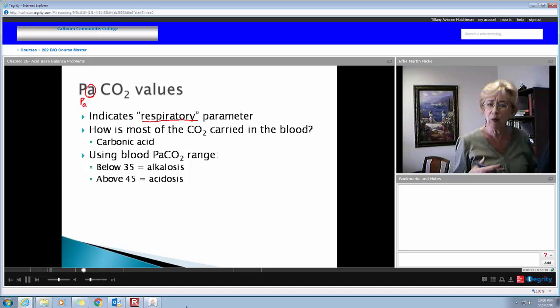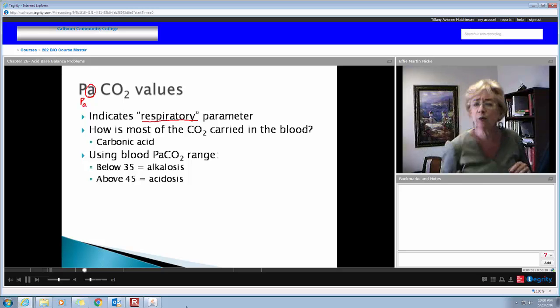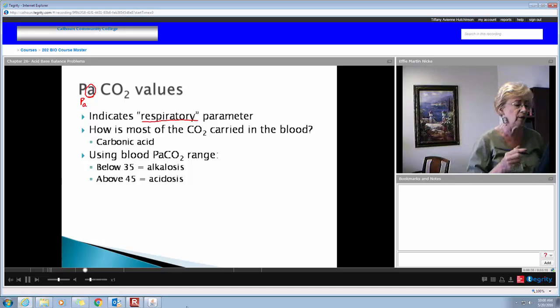Carbon dioxide is toxic in the body, so you're going to breathe it out. If you remember that you've got to get rid of CO2 by breathing out, then it's going to be the respiratory parameter that's considered.